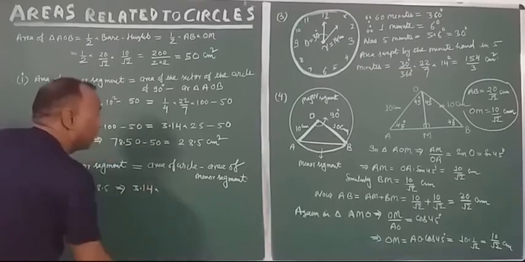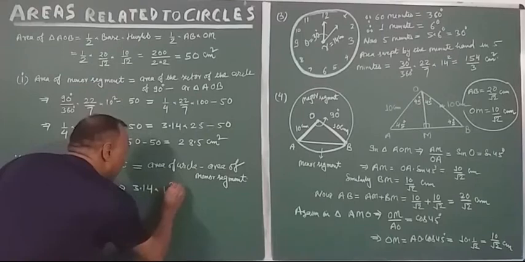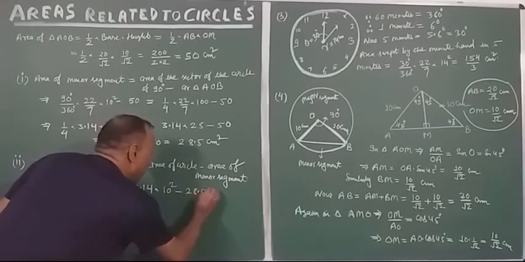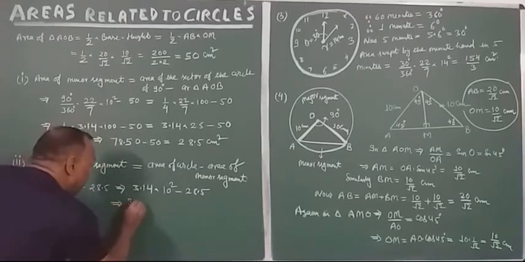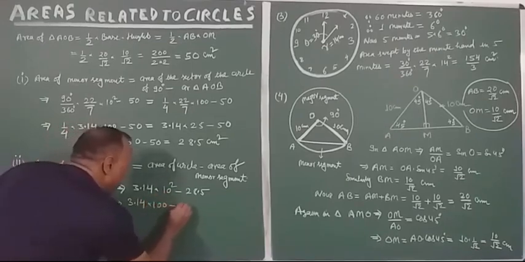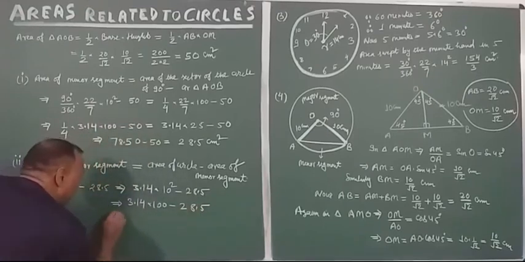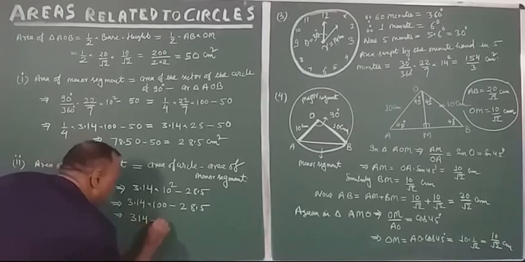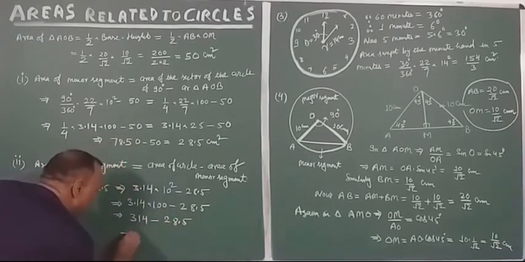R is how much? 10. 10 square is 100. So 100 into 3.14 is 314 minus 28.5.